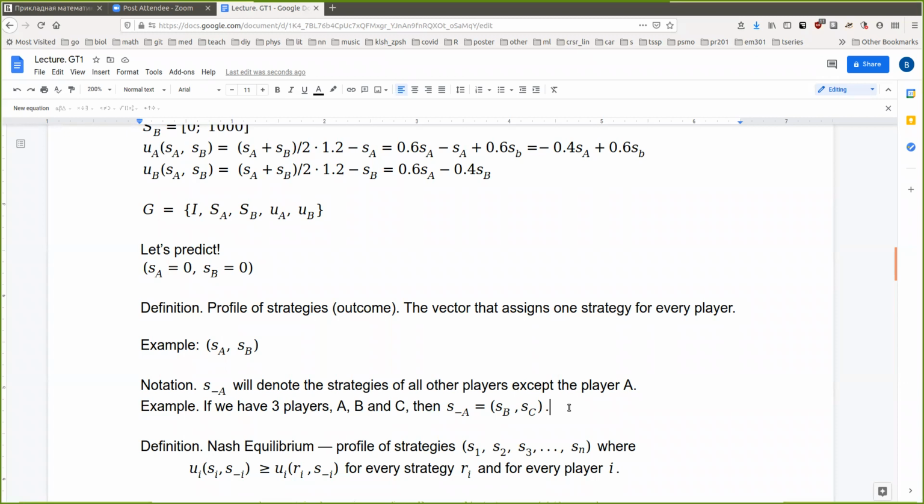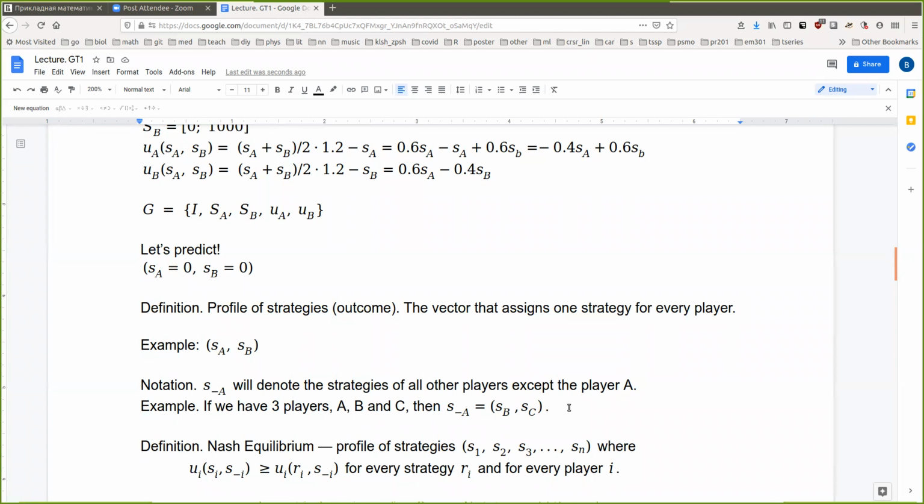Instead of writing two letters, you write one letter, but with a minus. If you have 20 players, to say I'm fixing the strategies of players number 1, 2, 4, and so on, you say I'm fixing the strategies S minus 3. So S minus 3 just means all the strategies of all players except player 3. It's not about optimality.